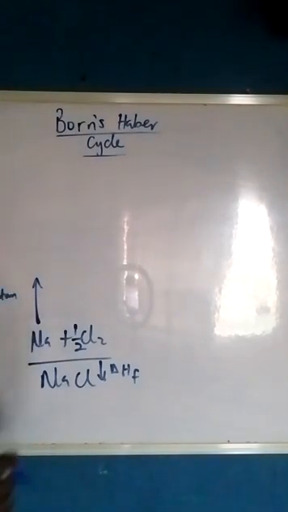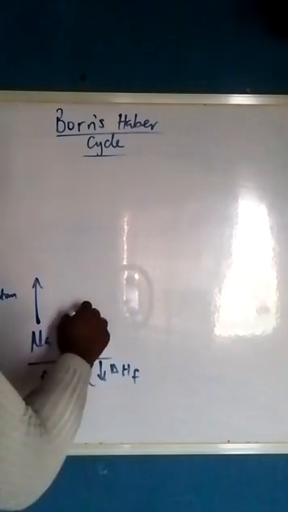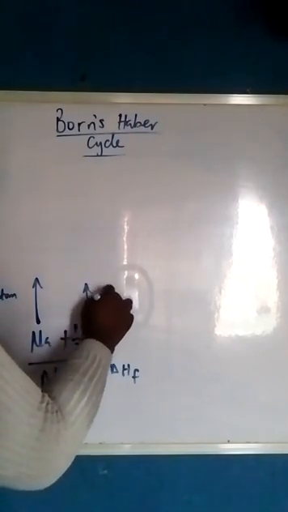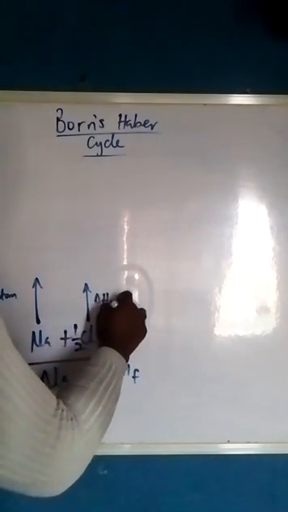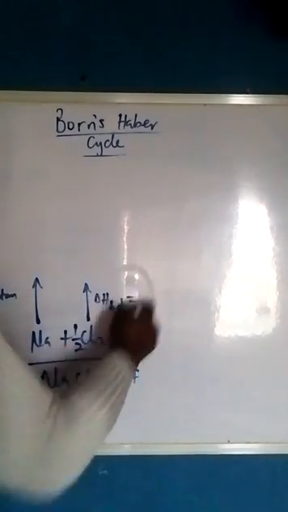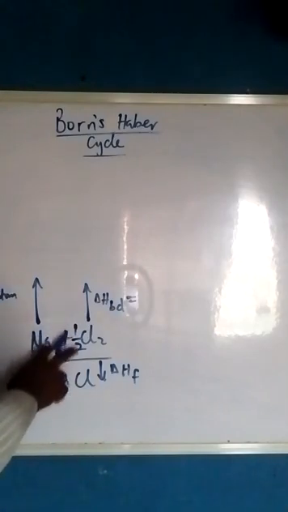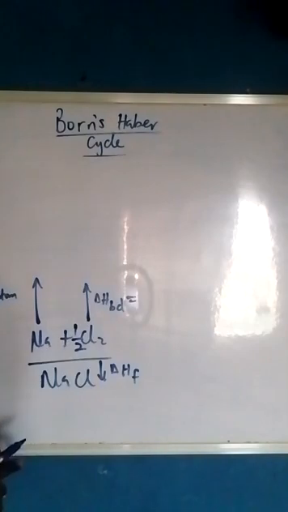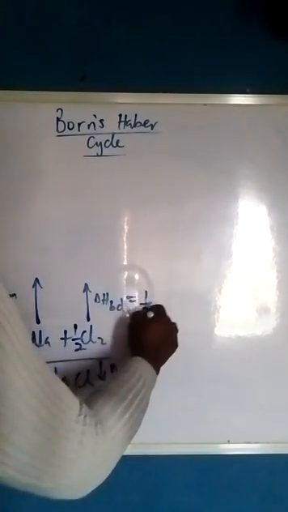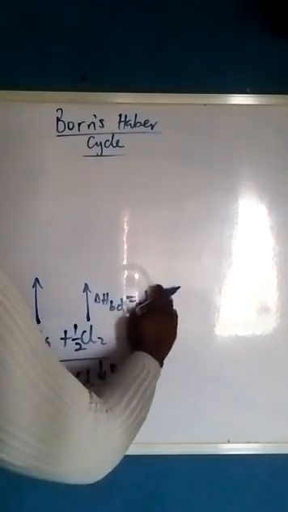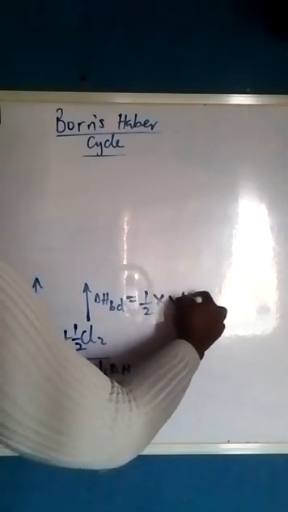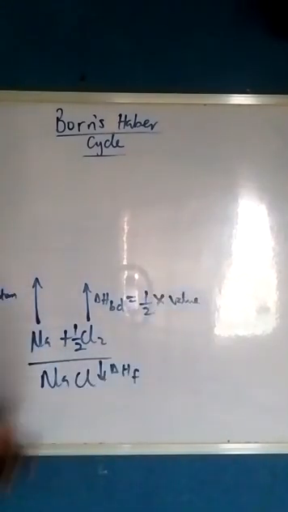We'll be given the value, or you have to find it depending on the question. Then we also have this, delta H of atomization or bond dissociation. Usually you'll be given it or asked to find it, but you can see here that it is half of the Cl2. So whatever value you are given, you need to multiply it by half, so you divide by 2.